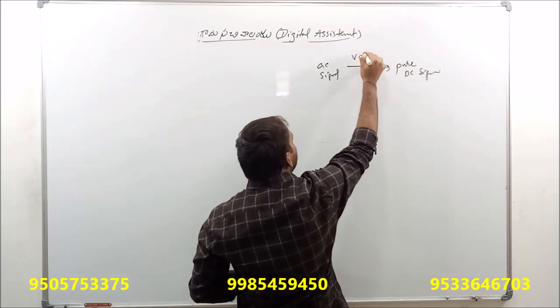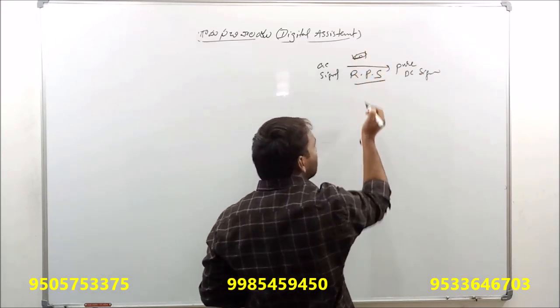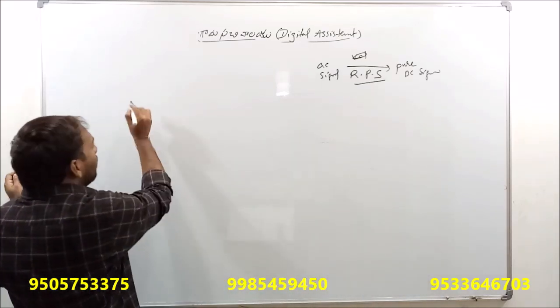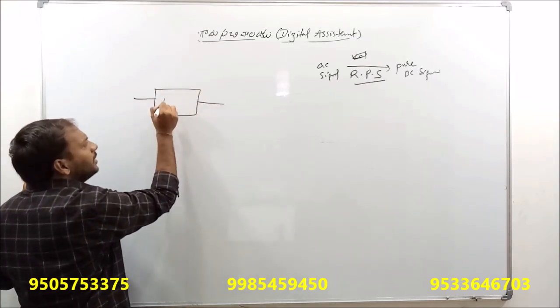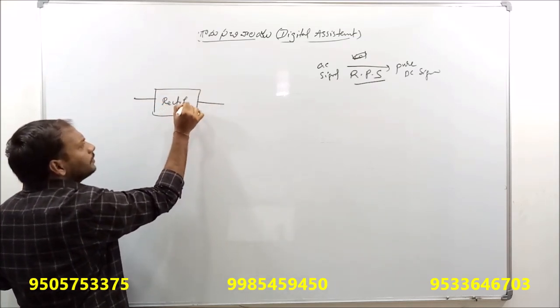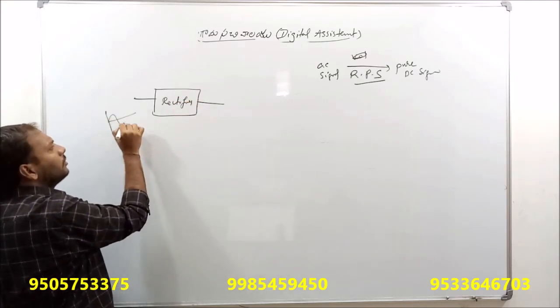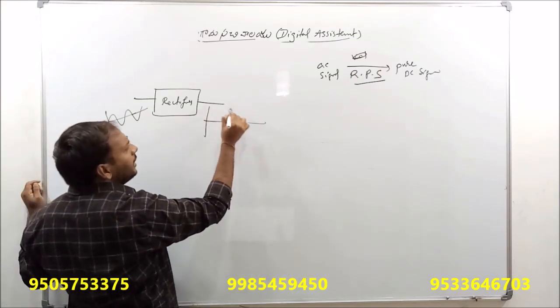We use what? Regulated power supplies, RPS. What will call RPS, regulated power supply. So the first stage of the regulated power supply is the rectifier circuit. Rectifier circuit, what it will do? It will try to convert the AC into pulsating DC.